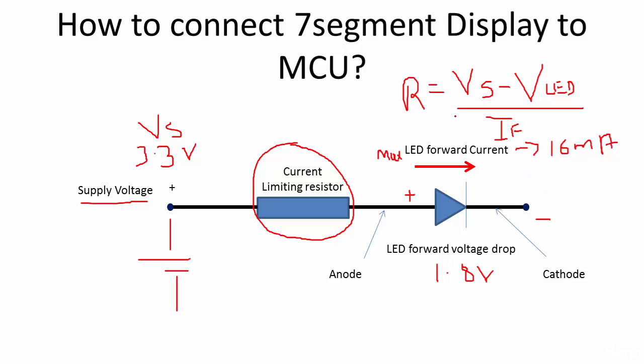So this is the formula. It turns out to be 3.3 minus VLED, which is 1.8, divided by 16 milliamps.